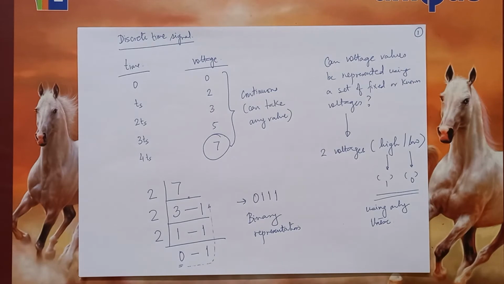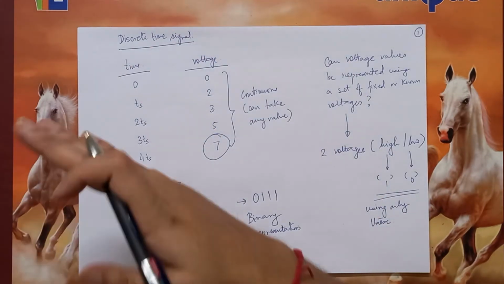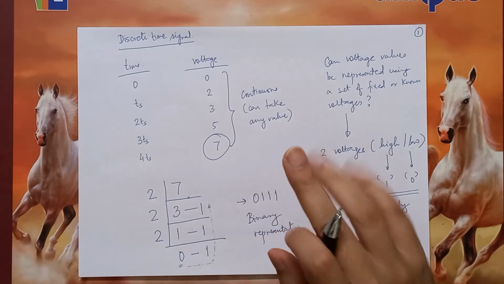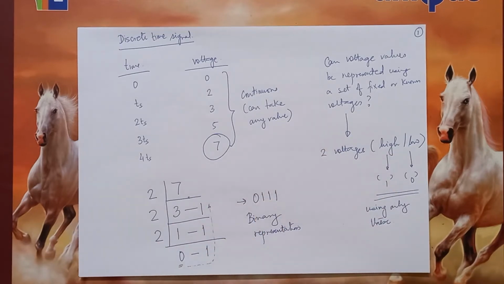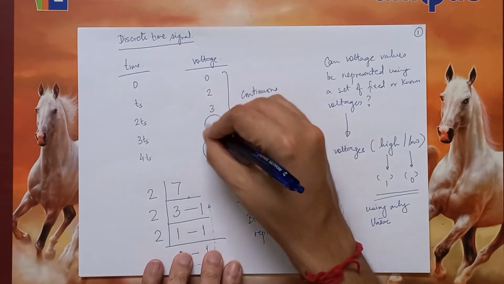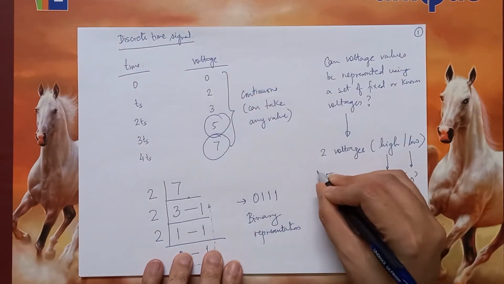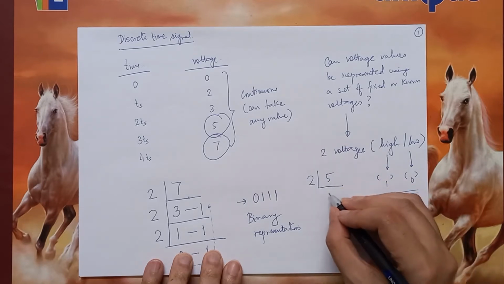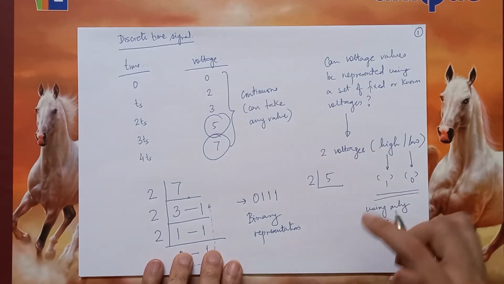You are already familiar with the decimal number system that we use in our daily life, where the basis digits are from 0 to 9. Now, we have done this for 7. We can do this for 5 also. Just to quickly show you how it's done, I will divide 5 by 2 continuously until I get a 0 quotient.